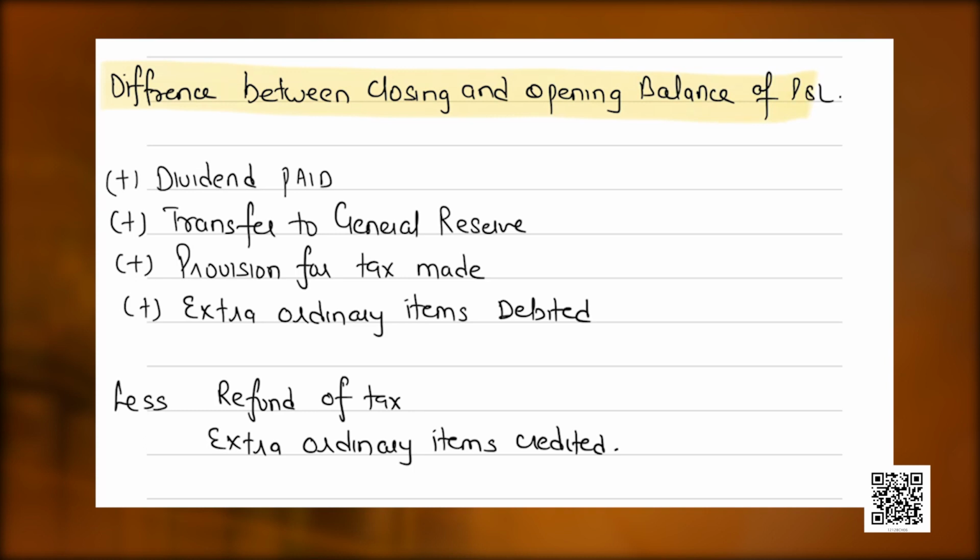But there are a few things we have done in the profit and loss account that are not attracting inflow or outflow of cash, and there are certain things dealt with in the profit and loss account which were not of business operation.